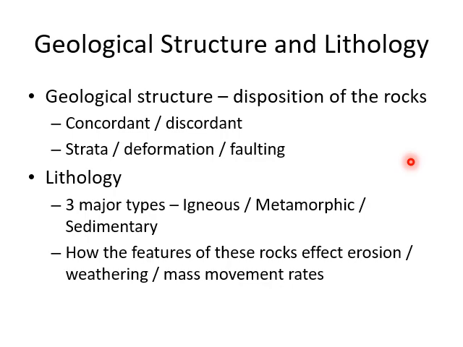So even though they are classed as sedimentary, they are classed as unconsolidated because they don't act like rock. They will just act more like a soil. They're not bound together. They've not been compressed. Also, you need to understand how these features of rocks can affect the rates of erosion, weathering, and mass movement as well.